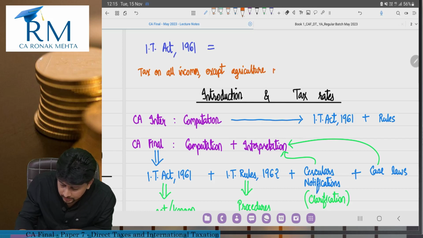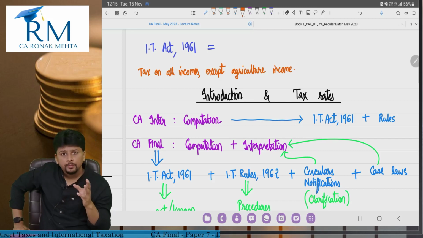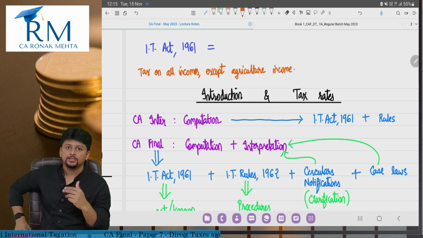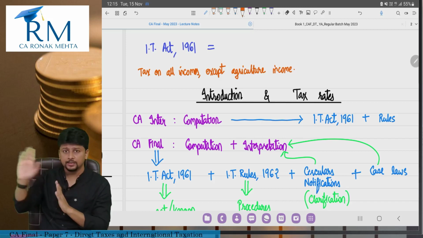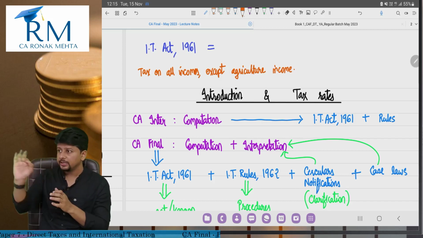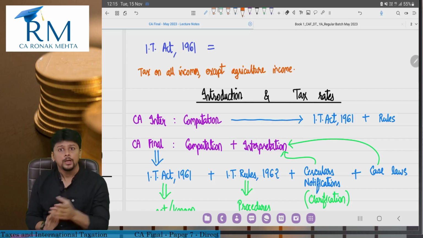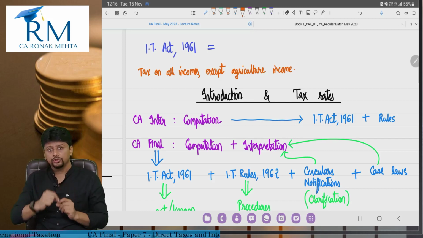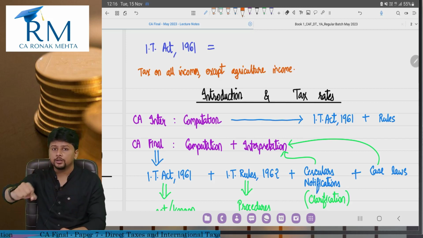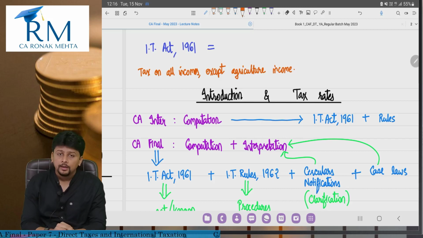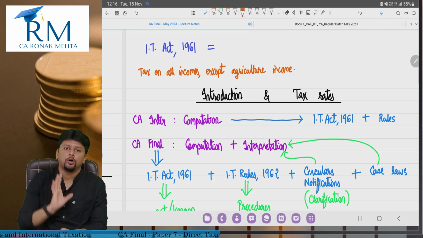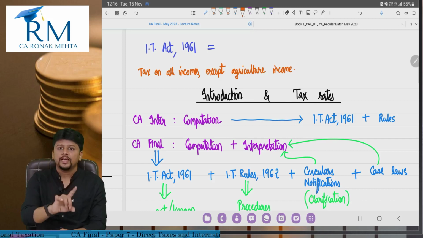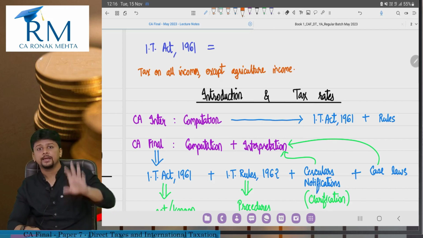Now the only value addition that I am going to do is to make you realize why agriculture income is exempt. In CA Intermediate, we studied that agriculture income is exempt from tax under section 10(1) of the Income Tax Act, because when the Constitution of India gave power to the central government in the union list, it said you can create a law to tax all incomes except agriculture income.